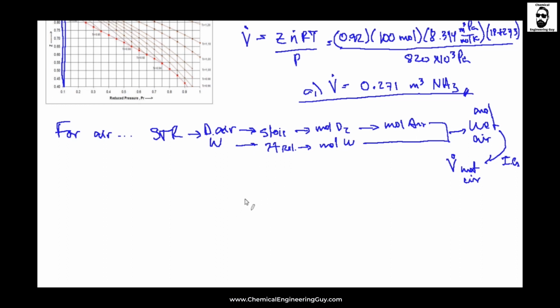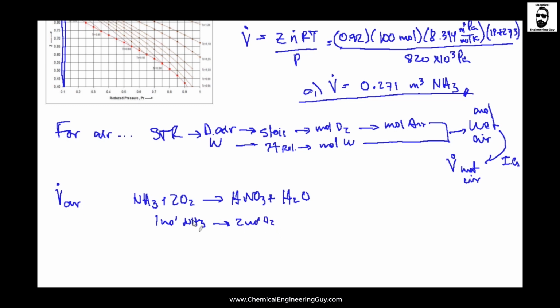So let's do it. It's kind of easy. V of air equals, well, let's wait for it. We have this equation, NH3 plus 2O2 gives me HNO3 plus water. And therefore 1 mole of NH3 will need 2 moles of O2 to react.